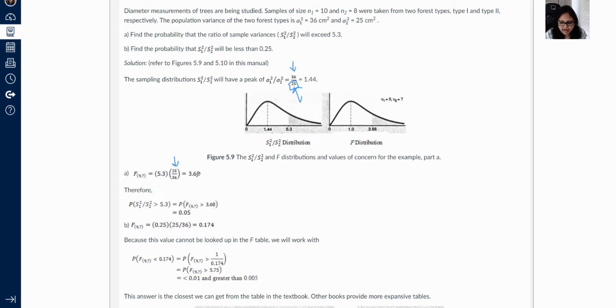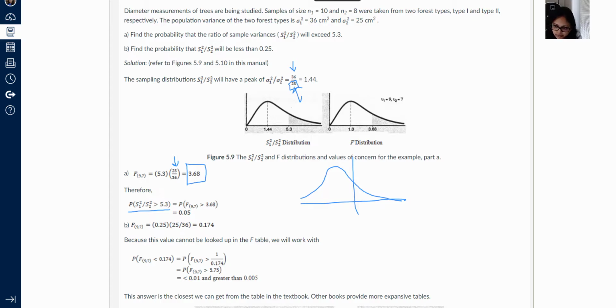For that value, we need to go to the F table because we are talking about the upper region. That means we can directly find it from the table. Let's go to the table and try to find the value for 3.68. Okay, so let's clear these.